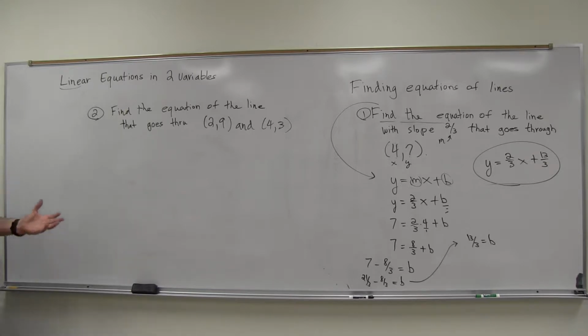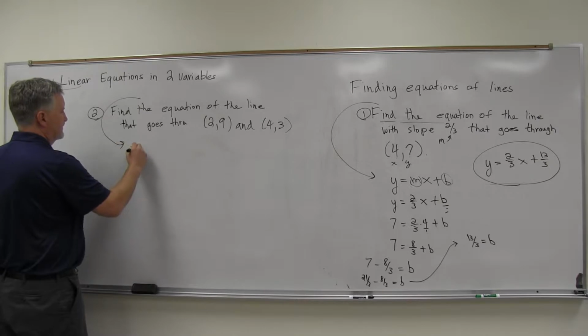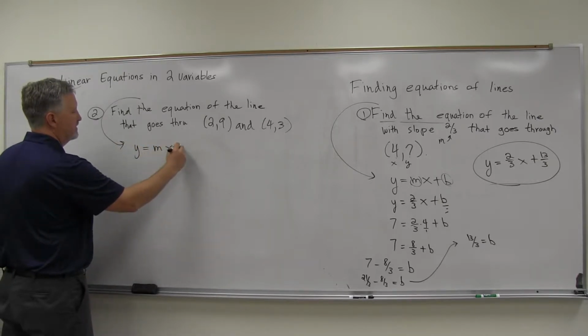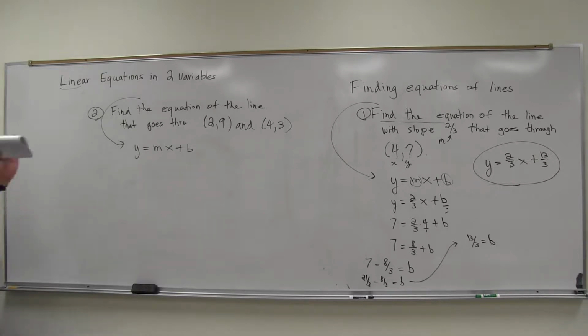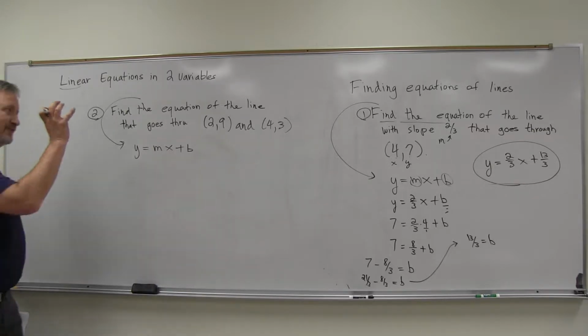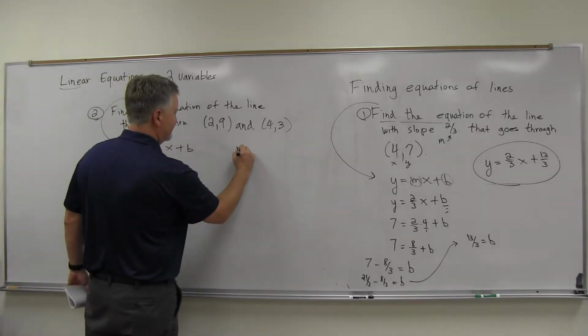All right. Still trying to find the equation of the line, and probably it would state the equation of the line in slope-intercept form, so let's just start there. y equals mx plus b. That's what I'm trying to find. Now, is m or b given here? No. However, 2 points are given, so what can I find? Slope.